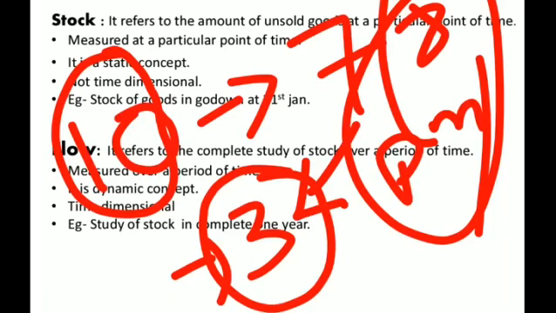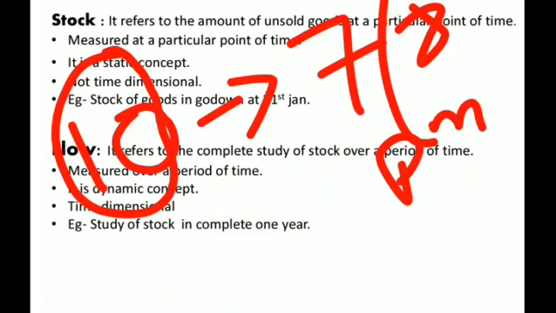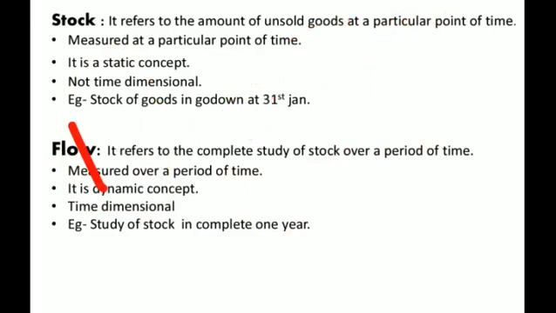So when we study the goods at a particular point of time, it means unsold goods, the goods which are not sold. Before 8 p.m., 7 packets were sold, but when I asked my worker at 8 p.m., he told me that the unsold packets of biscuits are 3. So it means 3 packets are in our stock.